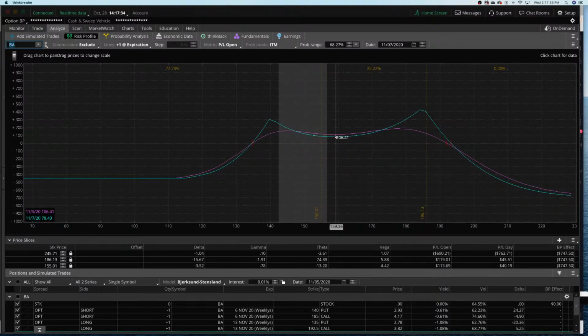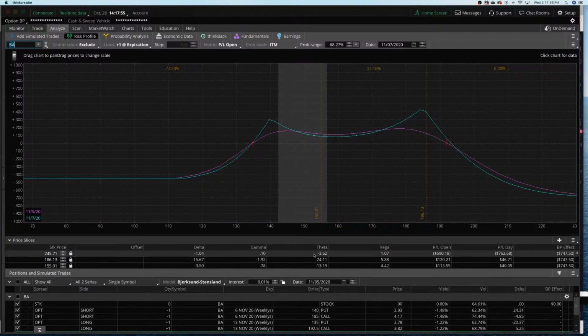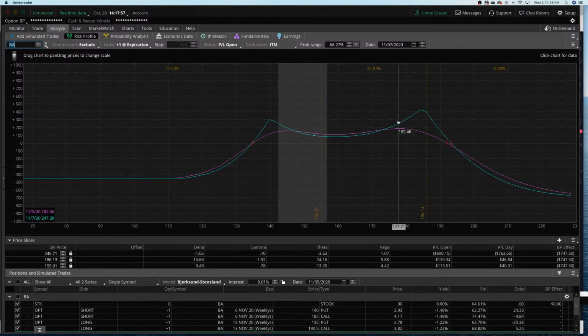Now, this past day or few days, we've been moving down in price, and we've captured a lot of premium, about $100 in the middle. But as it's moving now down near the end of the life of the spread, it's moving into this left-hand tent, and we've actually got more profit ahead of us.